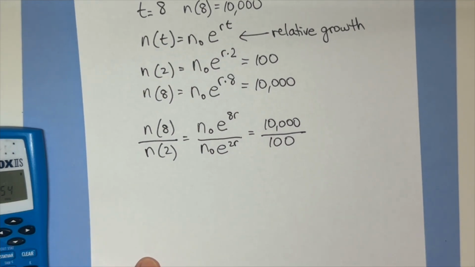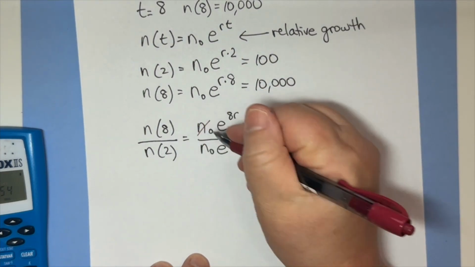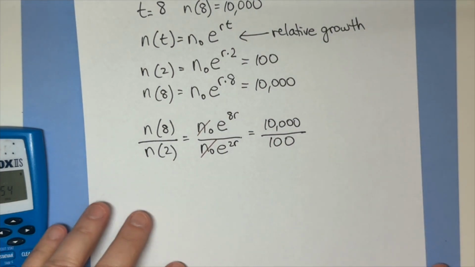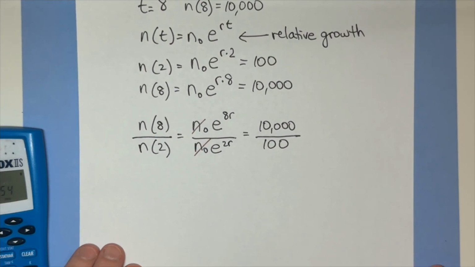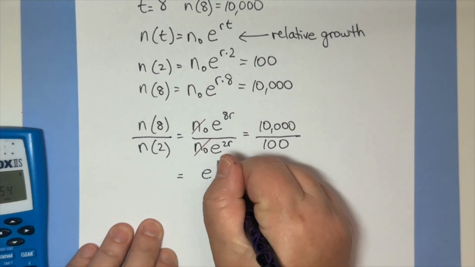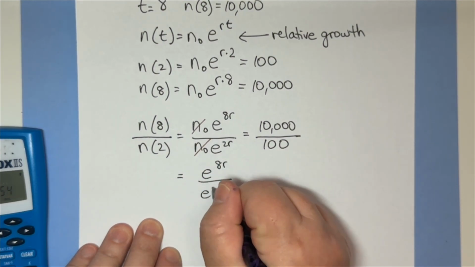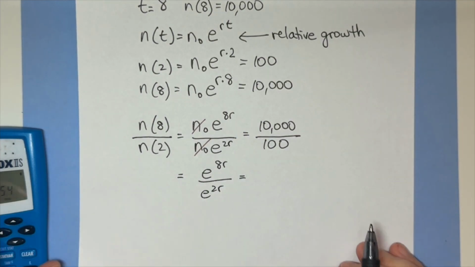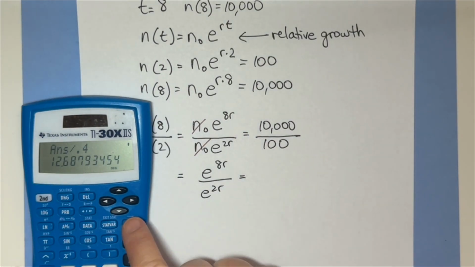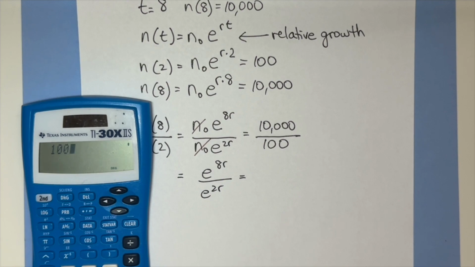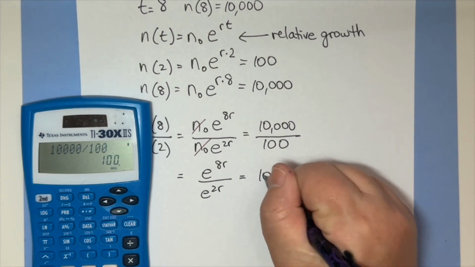Okay, so what's the first thing that happens? Well, the first thing that I see is my N sub zero, my initial population, doesn't matter anymore because we're comparing these two times, 2 and 8. So what happened at time equals 0 doesn't matter. So I've got e to the 8r all over e to the 2r. And then over here, and if you don't know this fact, you can always check it out, 10,000 divided by 100 is 100.